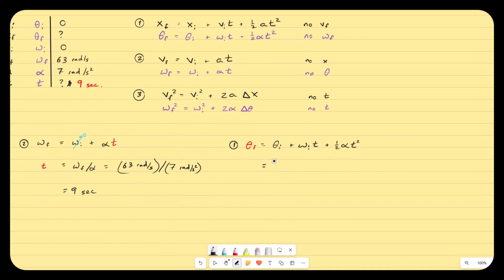And I can just plug in because I have all of these. And it gets a little easier because that one's 0, that one's 0. So I really just have half times 7 radians per second squared times 9 seconds squared. And I can plug those in and I get 283.5 radians.